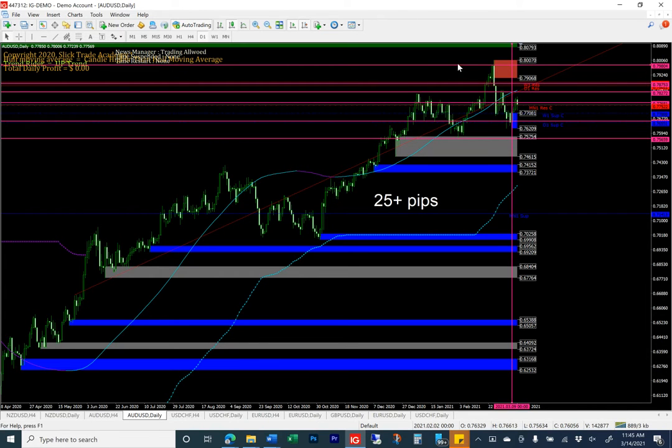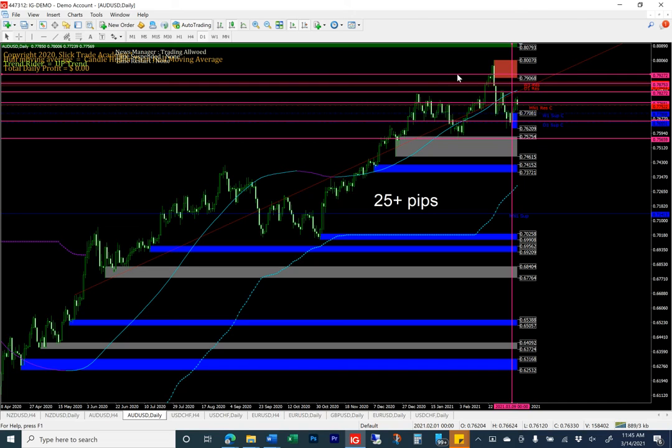all the way up to potentially, well, first you'd see probably some resistance here, 0.79272, and then up here, the 0.79829.